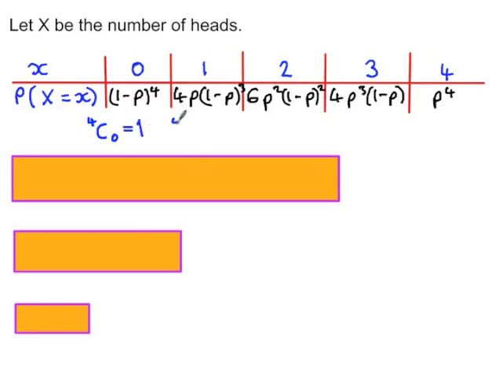If we have 4 coins and we're choosing 1 head, then there are 4 ways that we can do that. 4 coins and choosing 2 heads, 6 ways, 4 choose 3 is 4, and 4 choose 4 is 1.